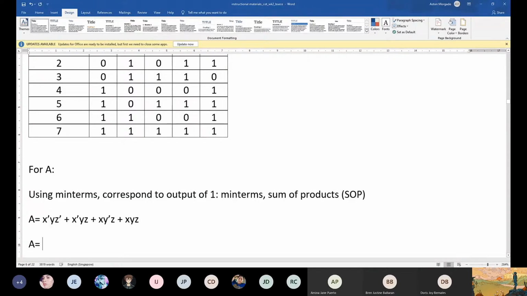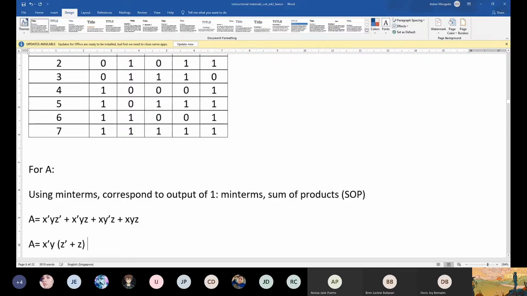So how are we going to do that? We have x prime z prime times y plus y prime. Sorry, x prime y times z prime plus z.